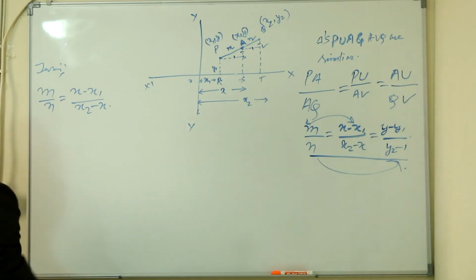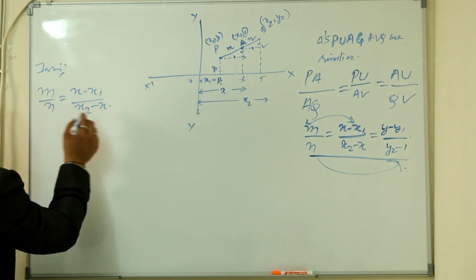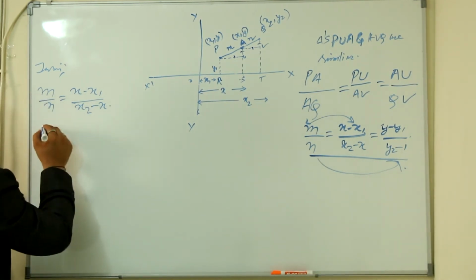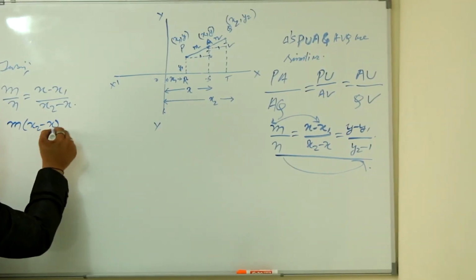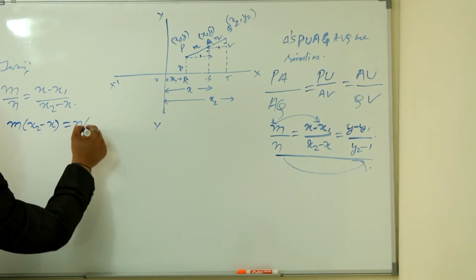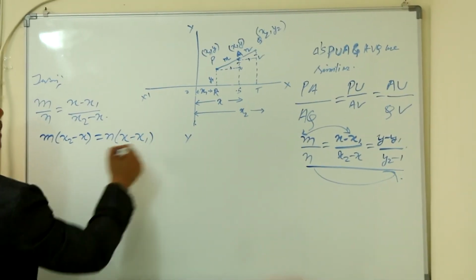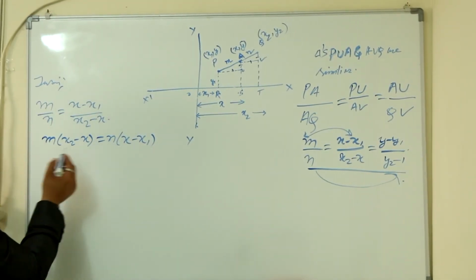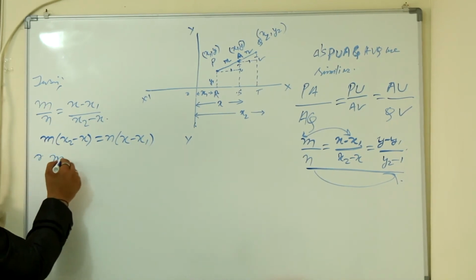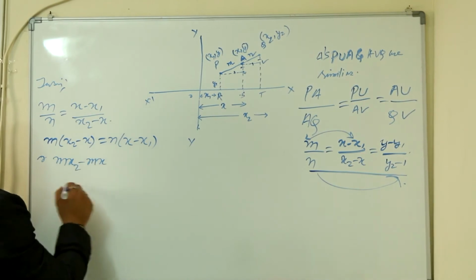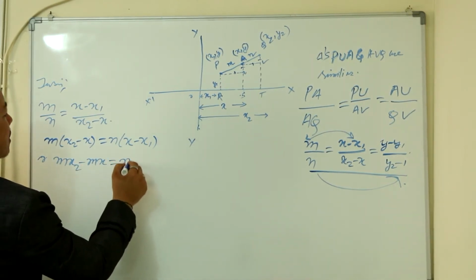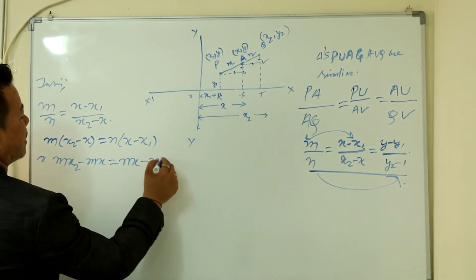First of all, we'll take this. Now cross multiply. When you cross multiply, M within bracket x2 minus x equals to N within bracket x minus x1. Now it's just a matter of simplification: mx2 minus mx equals to nx minus nx1.